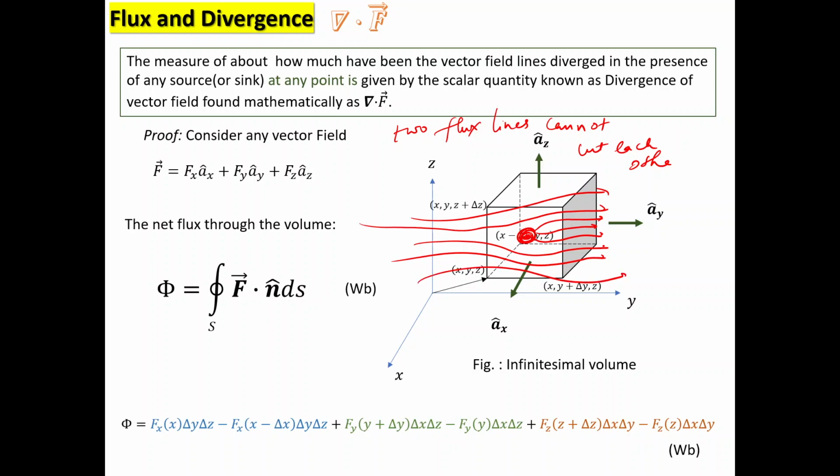That means the magnitude of the vector field at this point will be different, because the density of flux lines is more here. Flux lines are more dense due to the presence of a source, and can be less dense because of the presence of a sink.